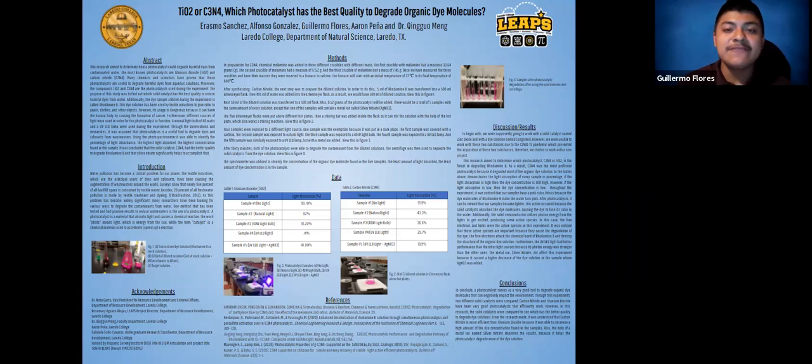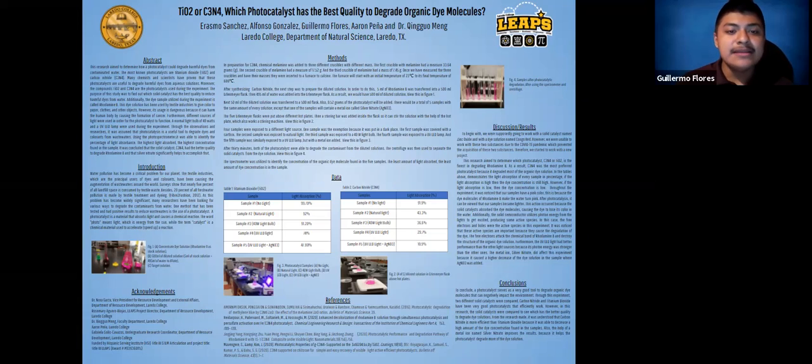In order to do this, 5 milliliters of rhodamine B was transferred to a 500 milliliter Erlenmeyer flask. Then 495 milliliters of water will be added to the same flask. As a result, we will have 500 milliliters of our diluted solution. We can view this in figure 1.